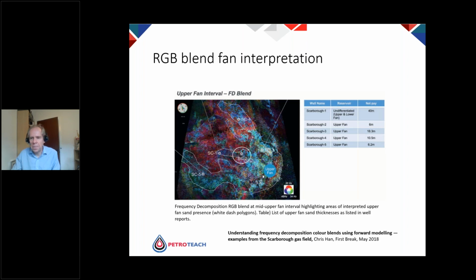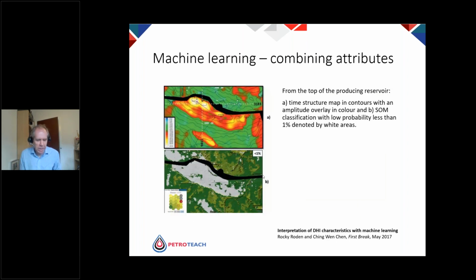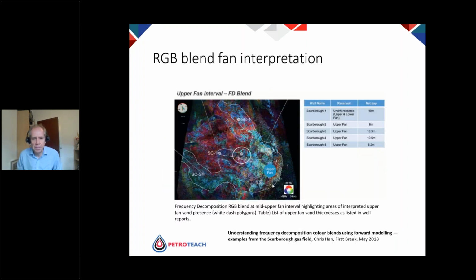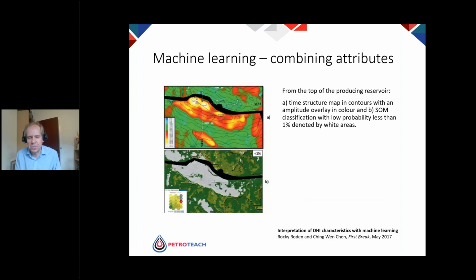Okay, and I can take a bunch of these attributes and combine them. I've got 3 here. I can do that by hand with this RGB blend. If I have 30 attributes, there may be features in there that I can't see, and this is where the machine learning comes in.